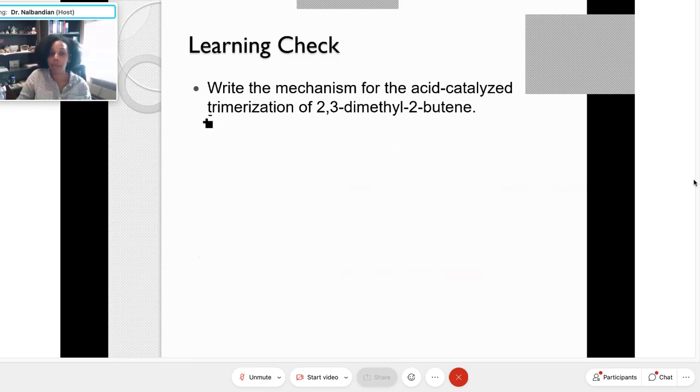So we want to have 3 monomers, but it's acid catalyzed, and we want to use 2,3-dimethyl-2-butene. So what does that look like? We want to react that compound with acid.